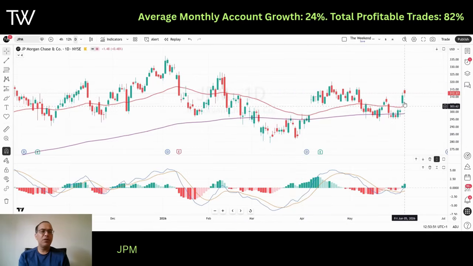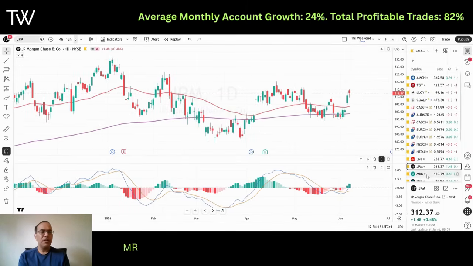It has gone over its 50 EMA. We've got the cross in the MACD and the signal line. So I would be a buyer, and I would be looking for an upside to the next resistance levels of 320, 326, and then finally 337. So it would be a buy for JP Morgan.